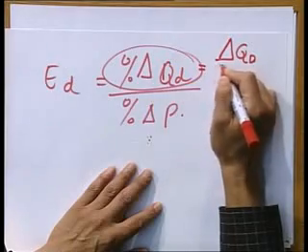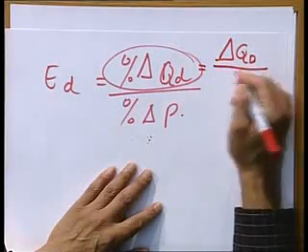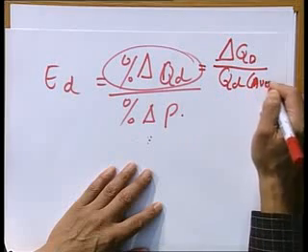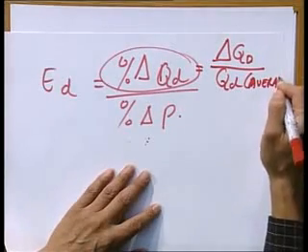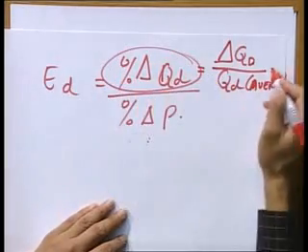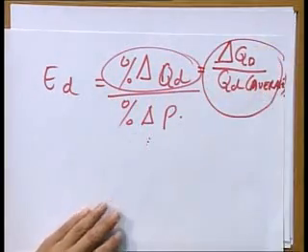And then you divide it by what? By the average quantity demanded. So what is the average quantity demanded? That is the 2 quantities demanded divided by 2. Okay?